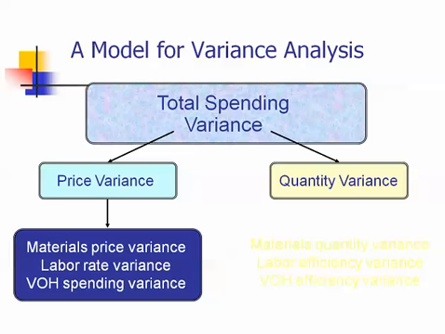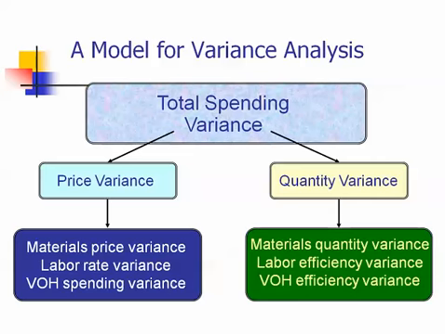And when we look at the difference between our actual variable overhead spending and our predetermined variable overhead rate, we'll have a variable overhead spending variance. Differences between actual quantities used and standard quantities give rise to quantity variances. And again, we can have a materials quantity variance, a labor efficiency variance, and a variable overhead efficiency variance. Regardless of the name, we'll find that all of our price variances or rate variances are calculated in a similar manner, as are our quantity variances or efficiency variances.